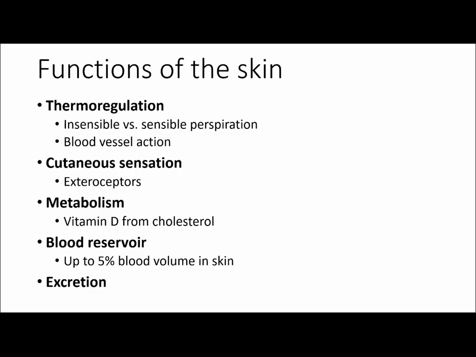Calcium is extremely important for bone health and other metabolic processes, and without it, we would be in a very bad way. And we cannot absorb calcium through our intestines if we do not have the active form of vitamin D. So we get that precursor for vitamin D from cholesterol when our skin senses the sun.